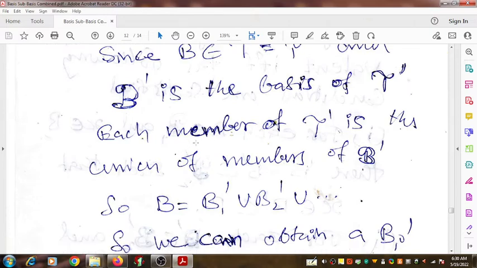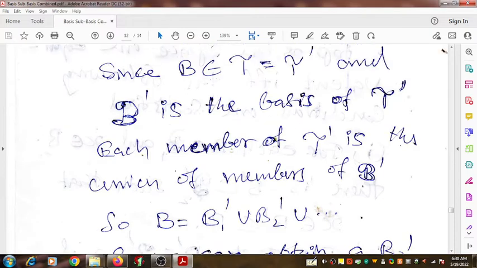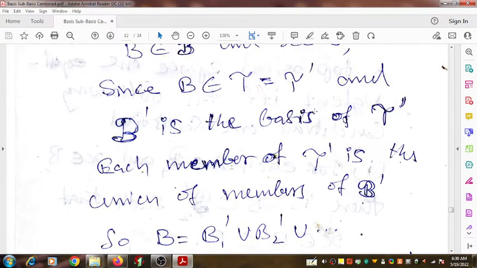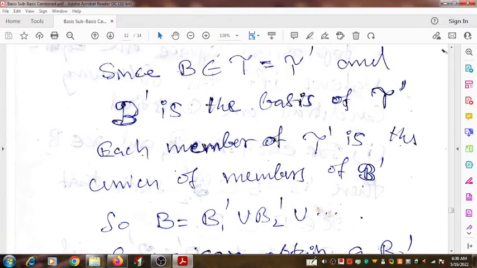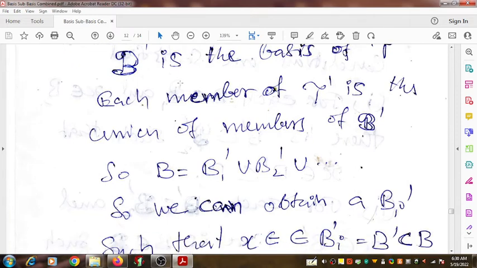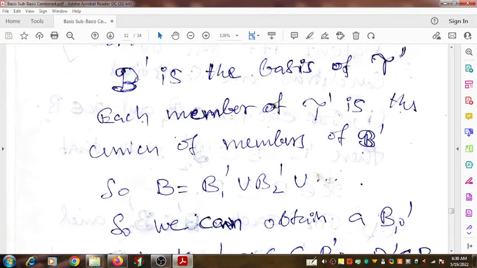Therefore, since script B prime is a basis for topology top prime, and we know that B is a member of script B only, but it's a member of top prime, that B can be written as the union of some members of script B prime.